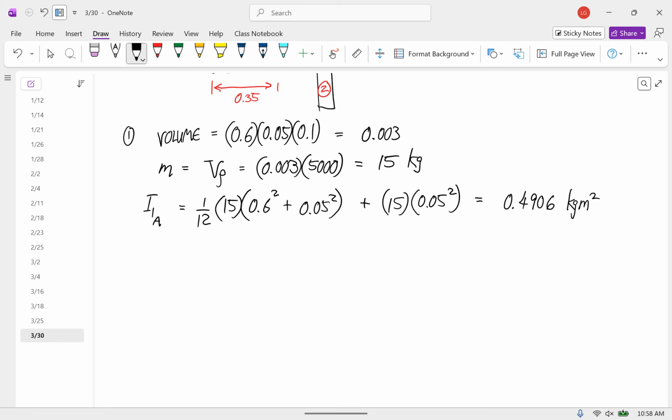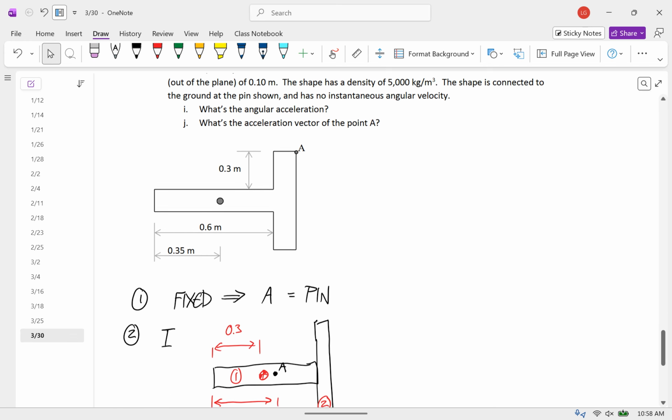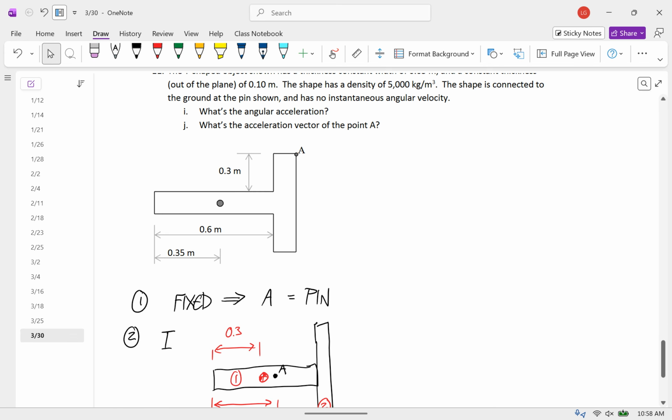And now I'll go to the second one. The volume of that other rectangle: it's definitely not drawn to scale, 0.3 plus 0.3 on the other side, plus 0.5 for the middle part.